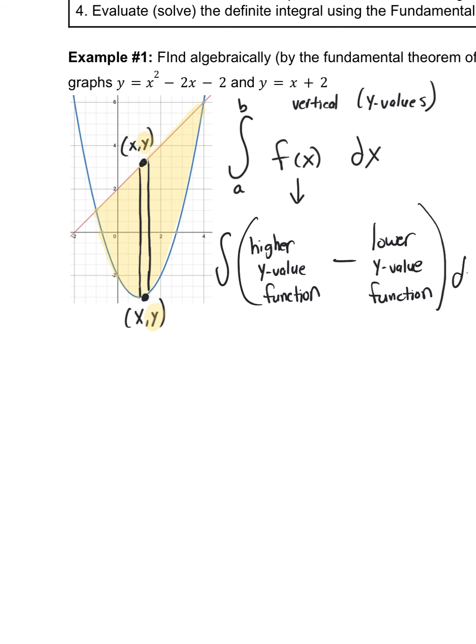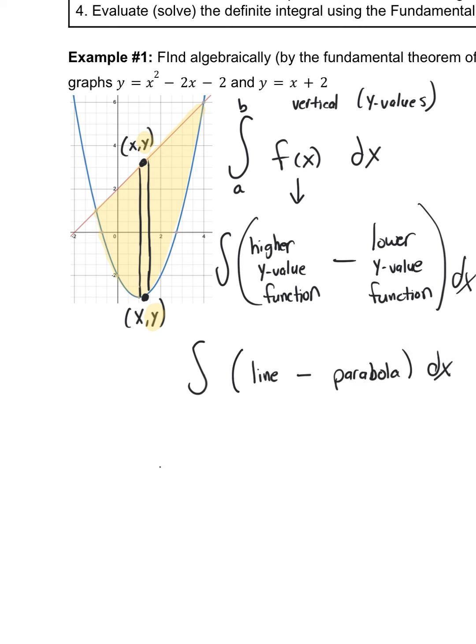Okay? So in this case, at the top of the rectangle, the higher y value is the line, and at the bottom, the lower y value is the parabola.